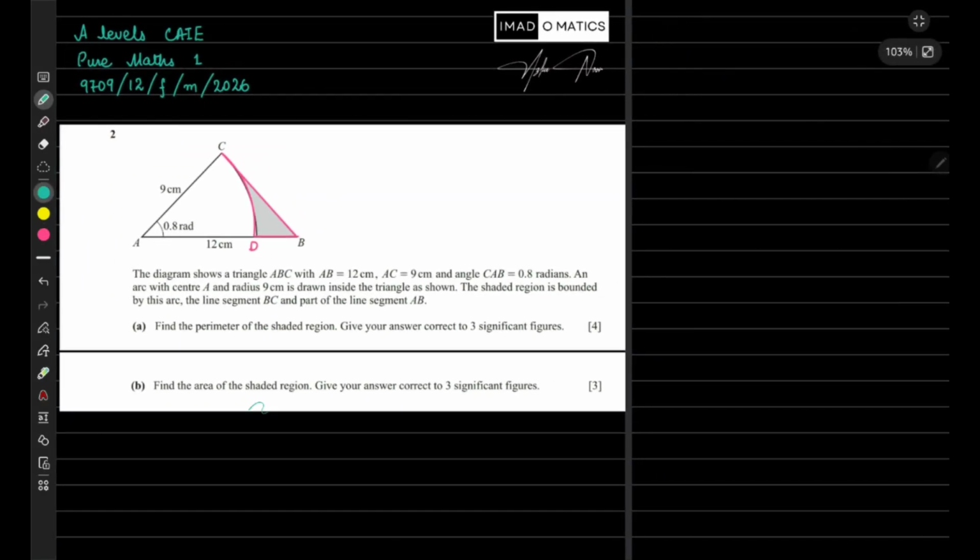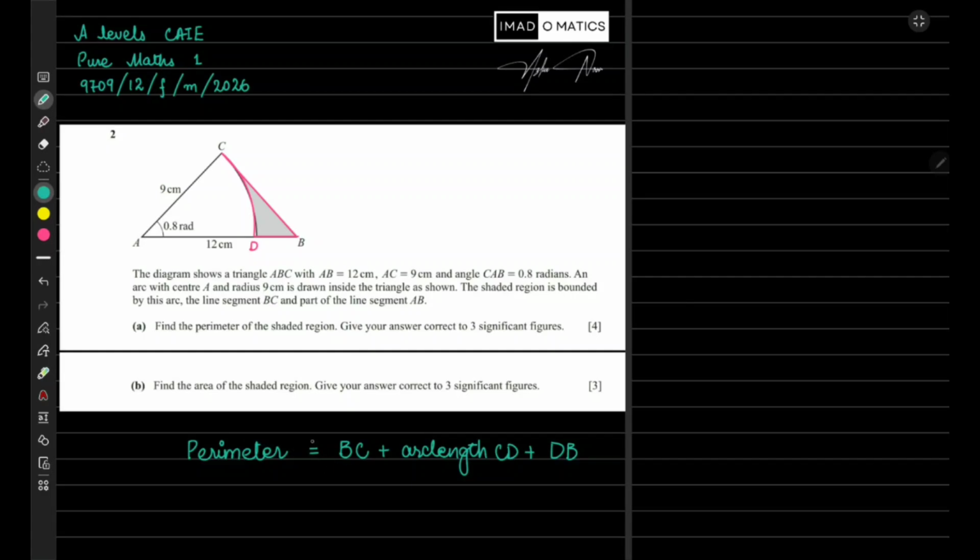So let's write out the perimeter first. Perimeter will be equal to length BC plus arc length CD plus DB.